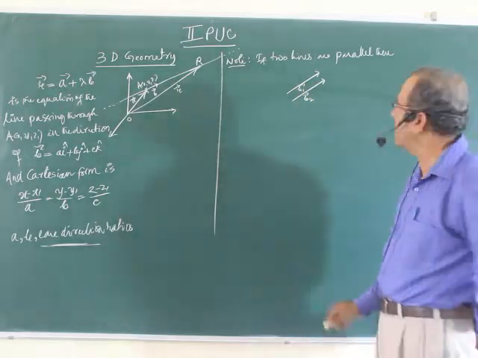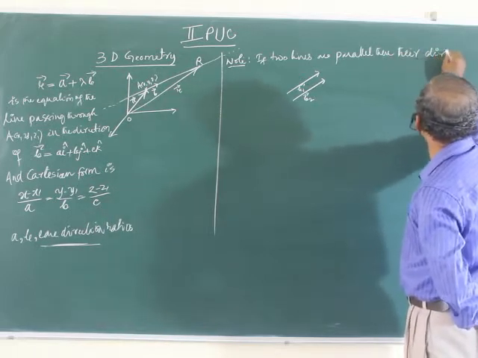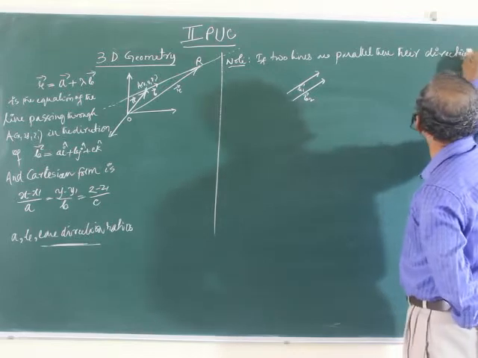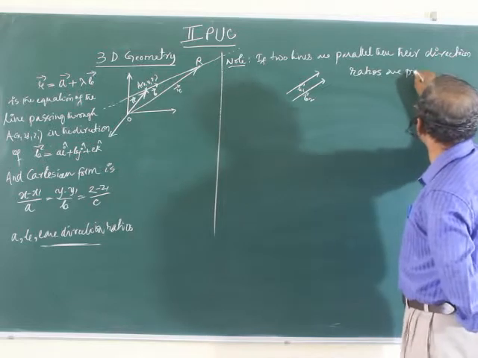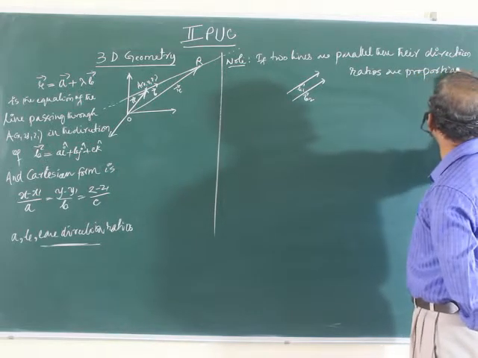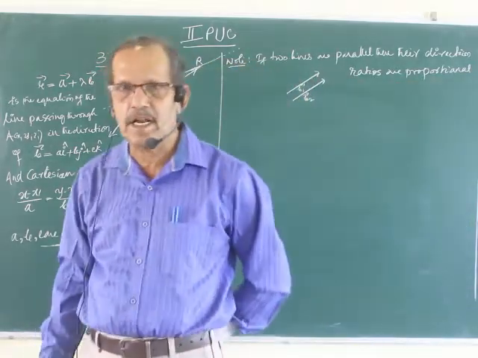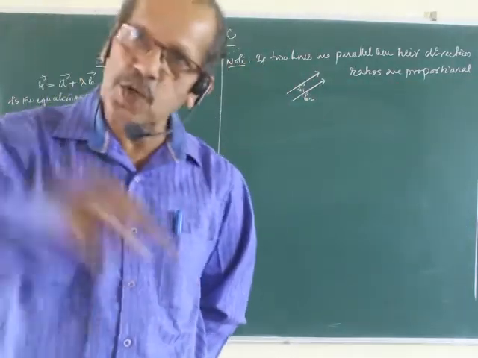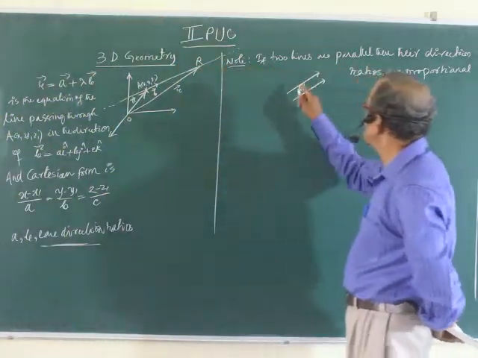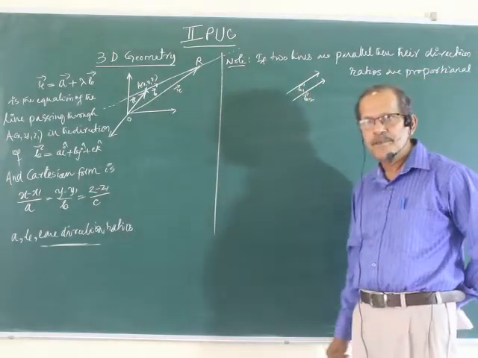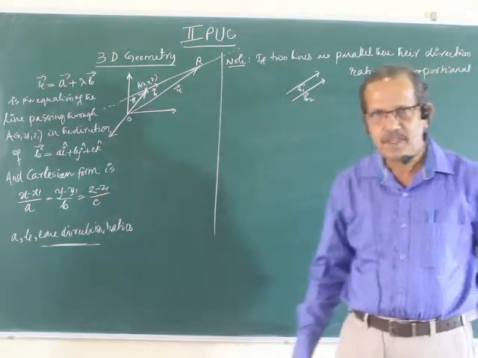If the lines are parallel, then their direction ratios are proportional, right? Proportional. Not equal, proportional. They are equal if it is collinear, that is, two straight lines collinear, or one straight line lying on the other straight line.